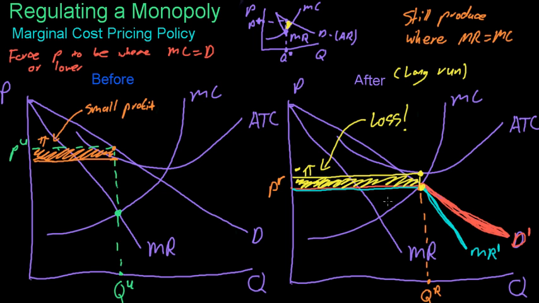So why is that important? Well, if a company is earning a loss in the long run, they could put their money to better use elsewhere. And so this monopoly will go out of business if it is only allowed to charge the price where marginal cost is equal to demand.